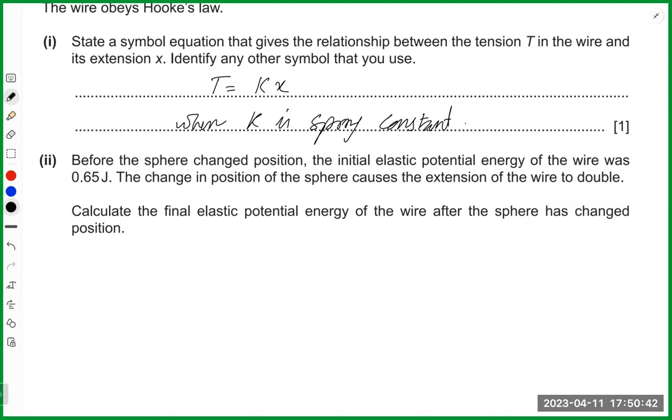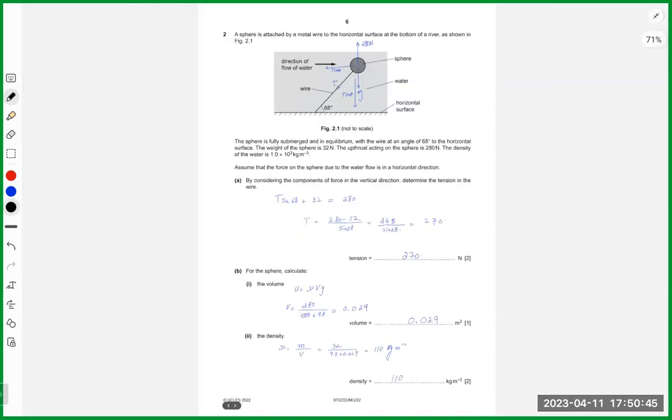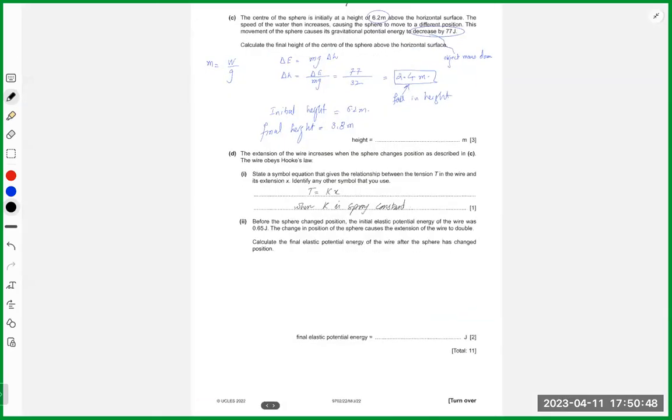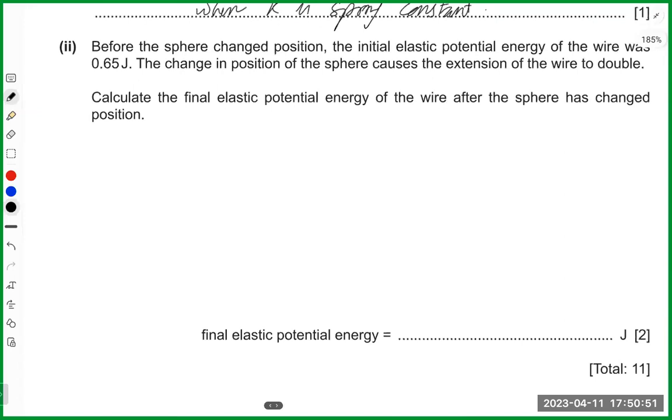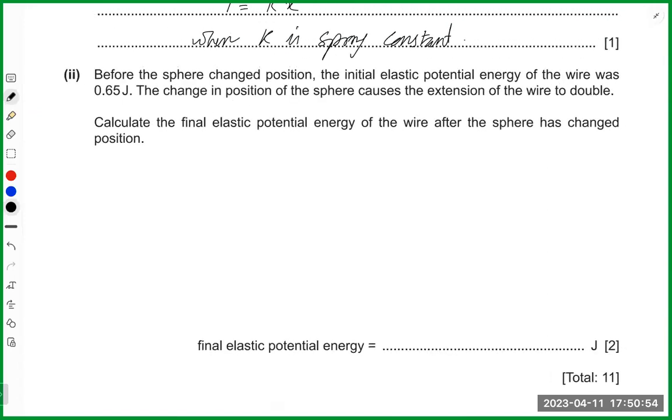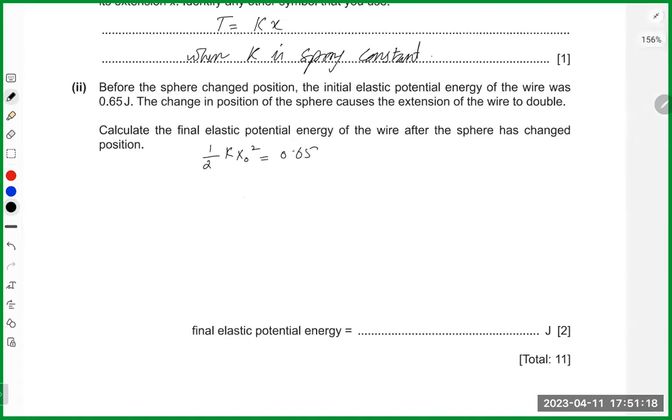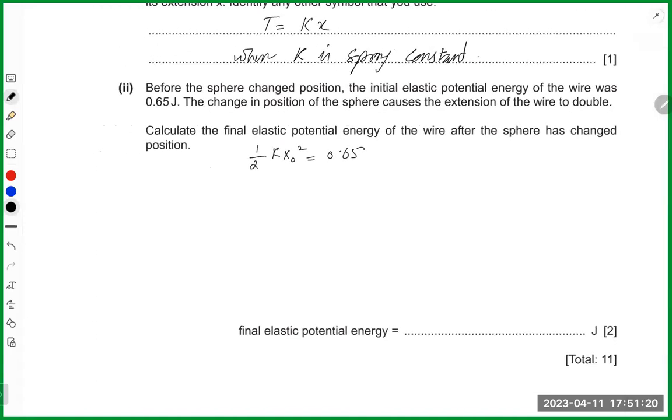In order to do that, we start with basic information. Maximum energy stored equals 1 over 2 K x naught squared equals 0.65. Can you use this one to find K? Okay, we cannot find K.